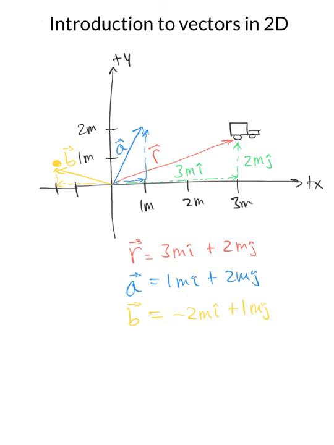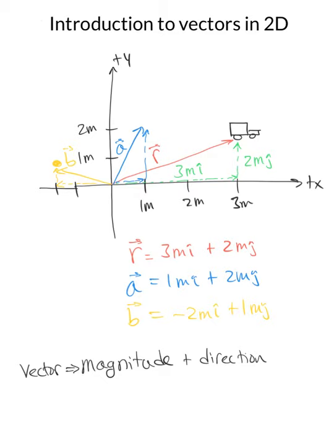There is another way of describing vectors, and that is using their magnitude and direction explicitly. If you remember, we said that a vector, by definition, is a mathematical object that has both magnitude, that is a size or length, and a direction. This is our definition of a vector.